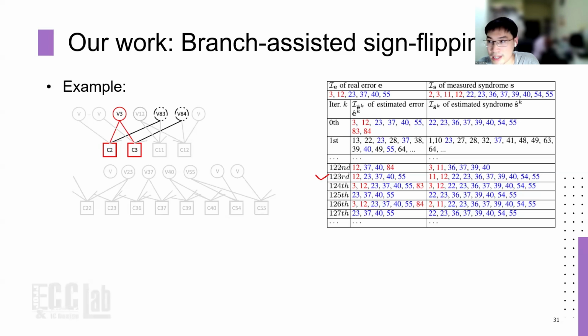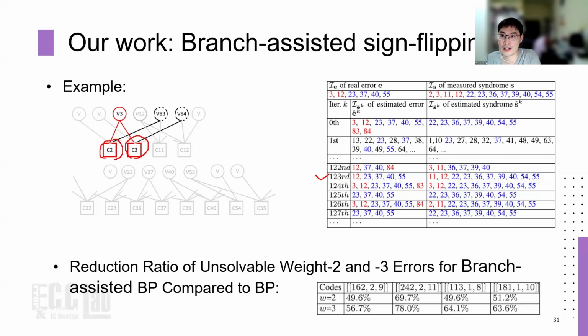The remaining residual syndrome has index 2 and 3, which corresponds to a unique weight-1 error, V3, and the decoder succeeds. So for the considered toric code and surface code, the proposed branch-assisted BP can reduce the number of unsolvable weight-2 and weight-3 errors by around 50%.